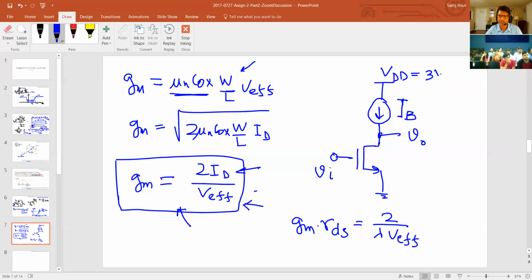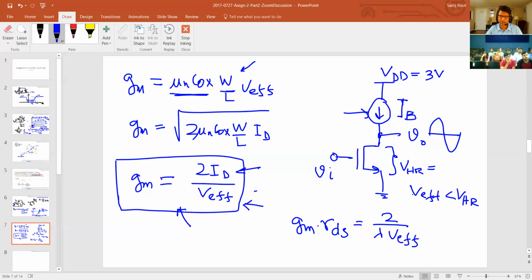Let's say, for example, this is just 3 volts, which means that you're restricted in how much this voltage can swing here. So you'll be given some V headroom, let's say I call it VHR. Now that tells you that your V effective of that transistor needs to always be less than V headroom.